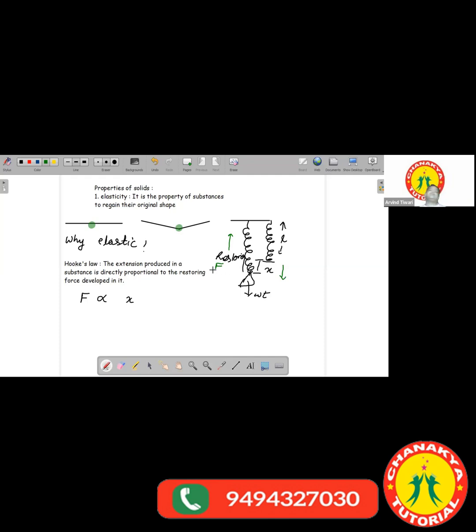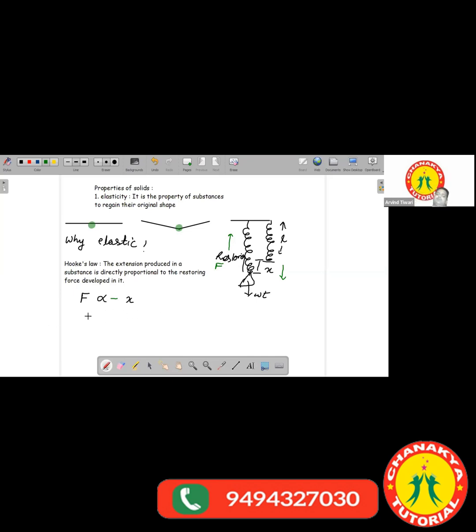Since force and extension are opposite to each other, we can write force proportional to negative of x. Why a negative sign? It is because the restoring force is opposite to the direction of extension. So the restoring force F is directly proportional to negative of x.